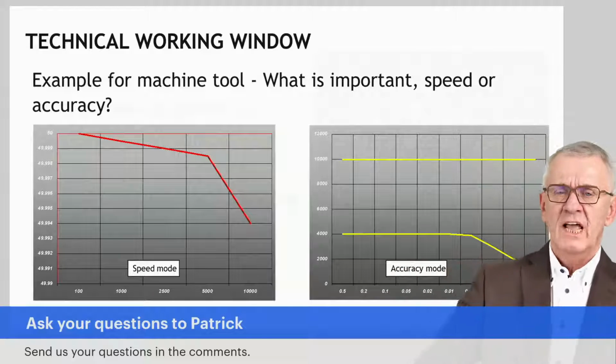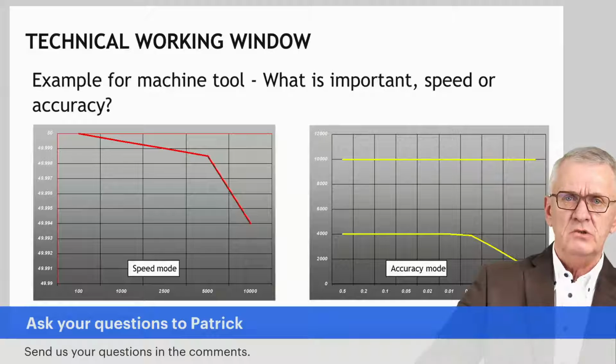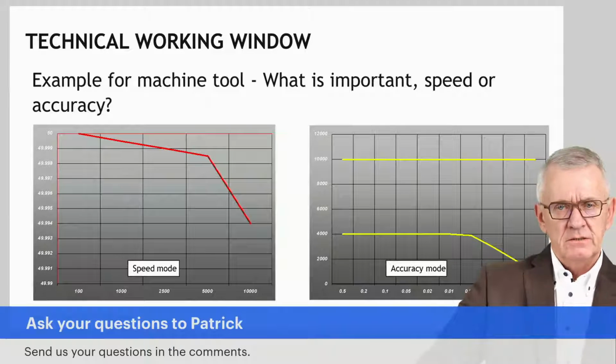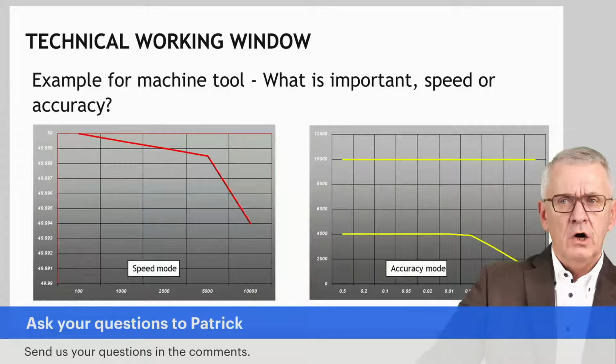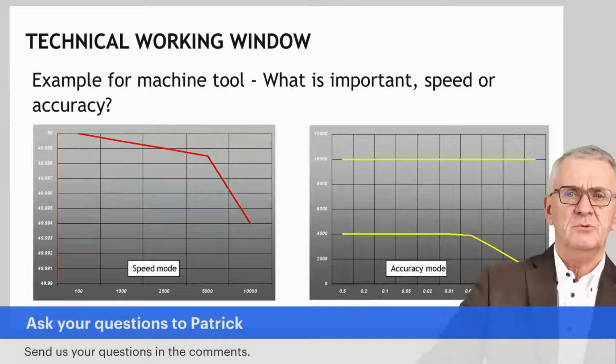Basically, it's a setting you can change in the numerical controller of the machine. You can make a machine tool move so that it respects speeds and movements, or you can use a machine tool so that it respects accuracy and tolerances.